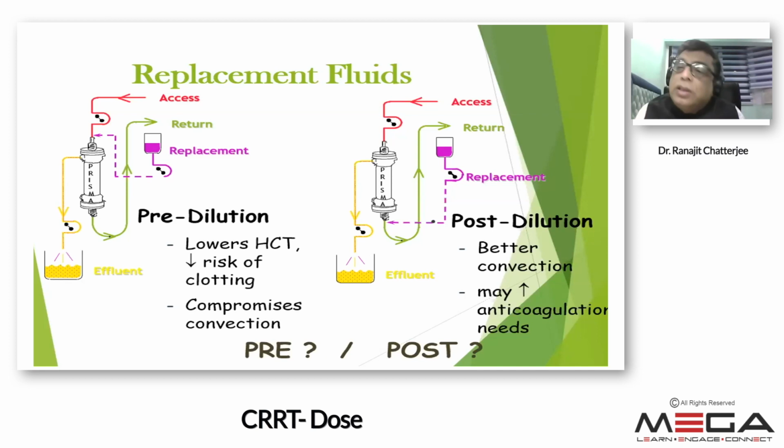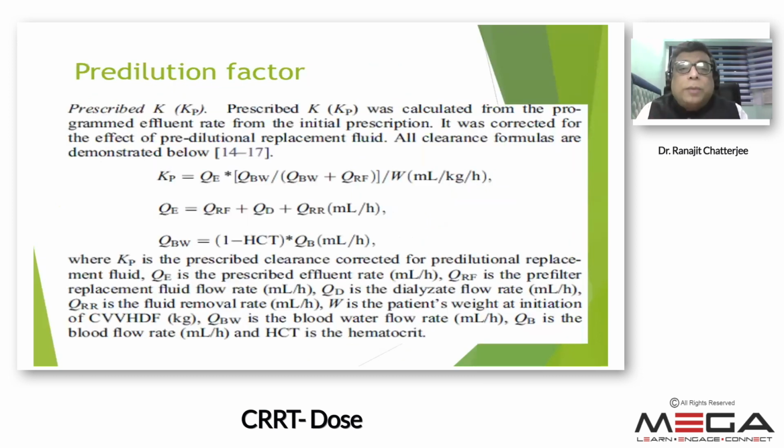Dr. Vives has already told you what the advantages are. But think, when you are giving this fluid pre-dilution, you are diluting the blood. So whenever you are diluting the blood, your dose equation changes a bit. I will show you how. Suppose Kp is the prescribed dose that you want to give, and QE is the prescribed effluent rate.